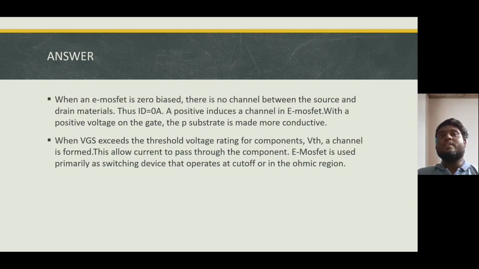The P substrate becomes more conductive, and when VGS exceeds the threshold voltage rating for the component, a channel is formed. This allows current to pass through the component. E-MOSFETs are used primarily as switching devices that operate at cutoff or in the ohmic region.